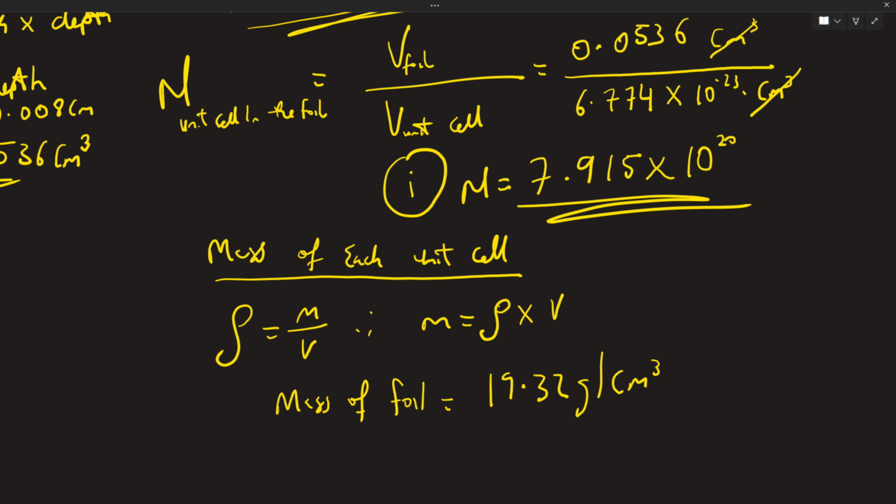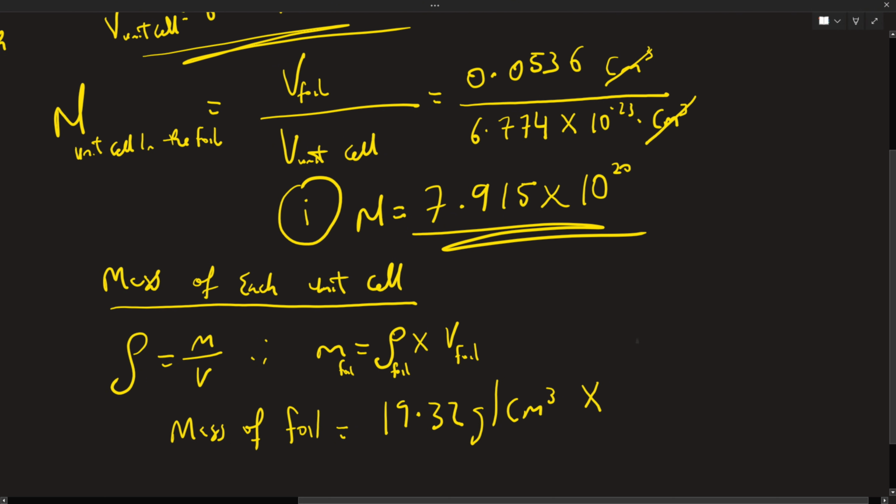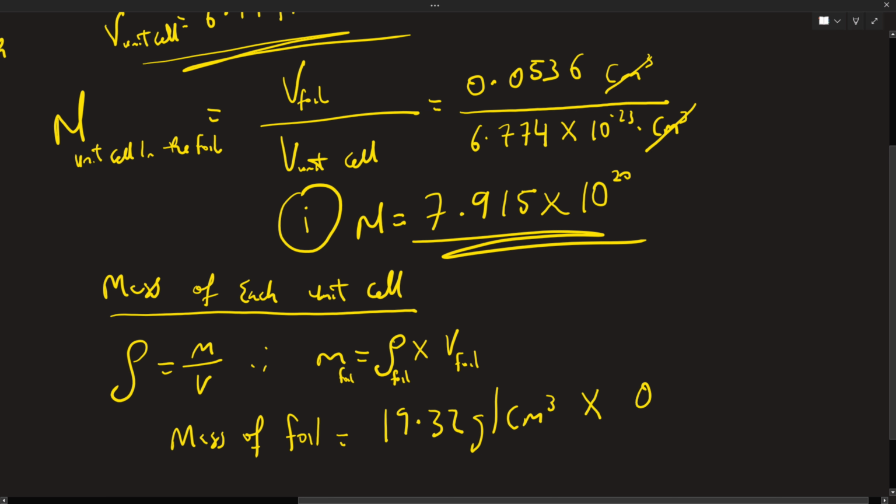This was the reason why we changed all our parameters into centimeter cube, multiplied by our volume of foil, 0.0536 centimeter cube.